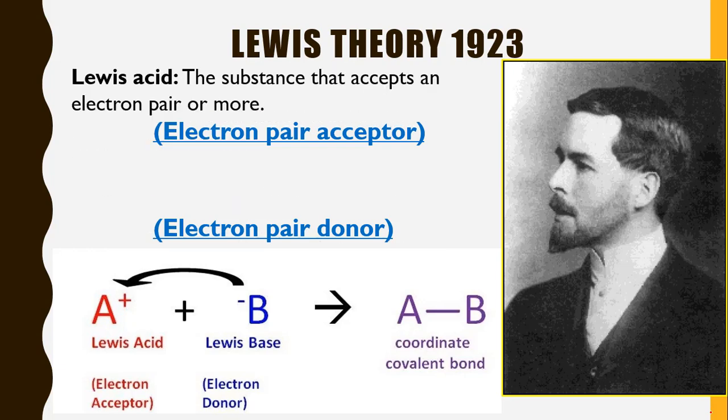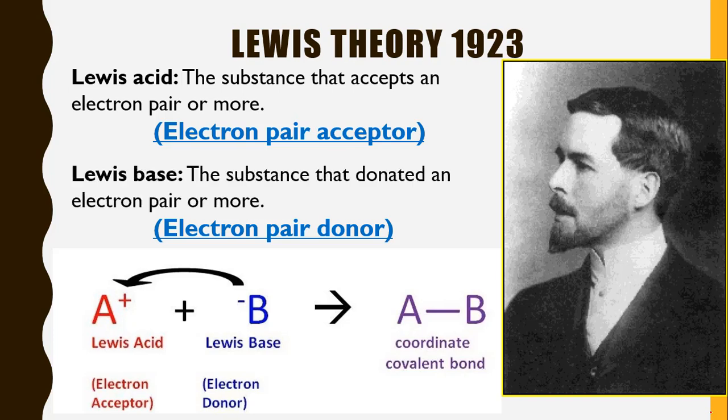Acid is the substance that accepts an electron pair or more, while base is the substance that donates an electron pair or more. For example, if we have A, it is considered as a Lewis acid because it accepts electrons from B. So it is an electron pair acceptor, so it's considered as acid.